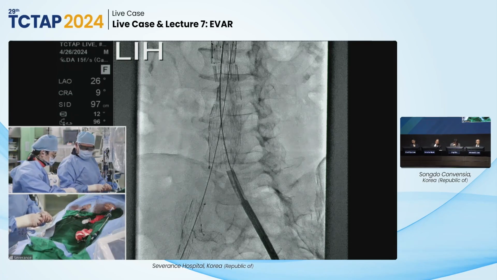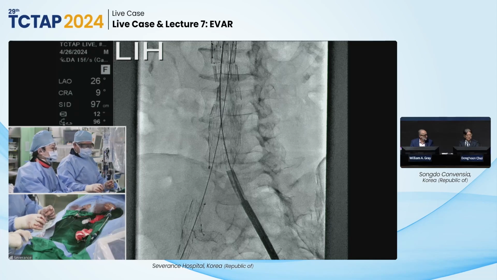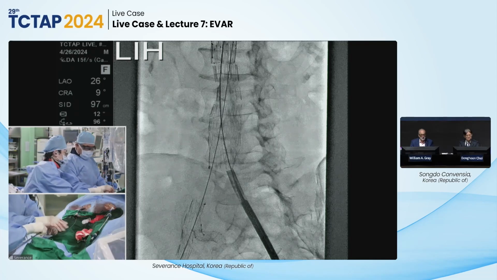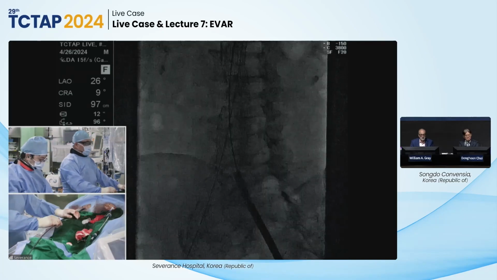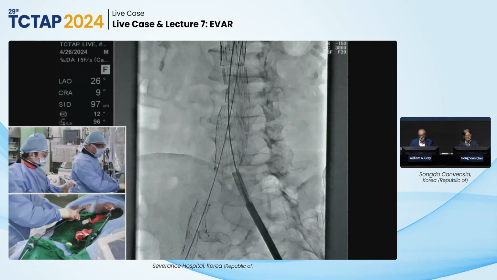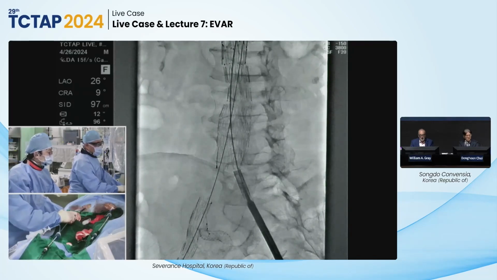And how about the data of your hospital for IBD, the patency? The patency is, I think, surprisingly very good. In our experience, the patency rate is over 80%. Quite good.